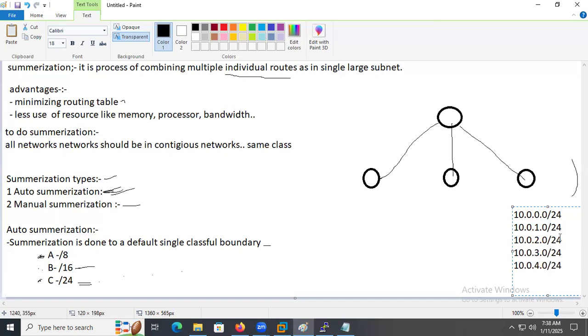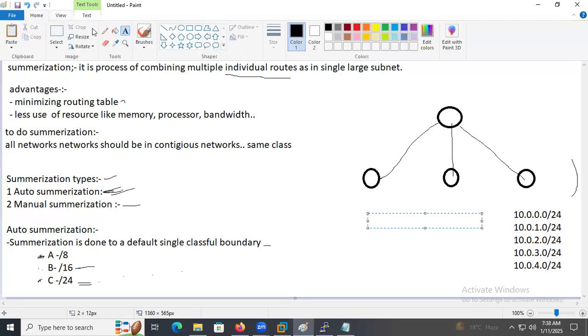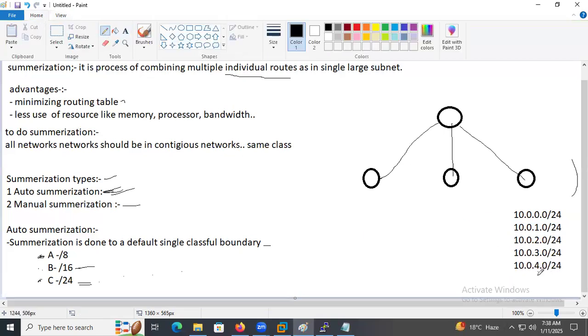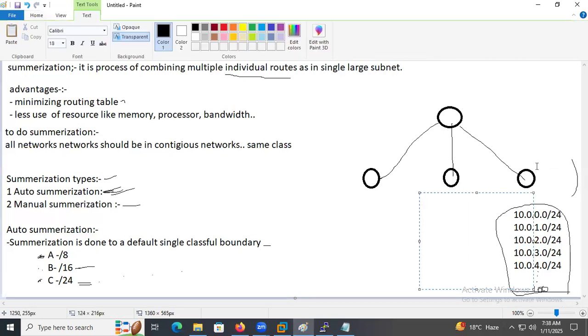Like this: 10.0.0.0, 10.0.1.0, 10.0.3.0, and so on, we have 100 networks. Now, in another router, this is router 4, and this is router 3.